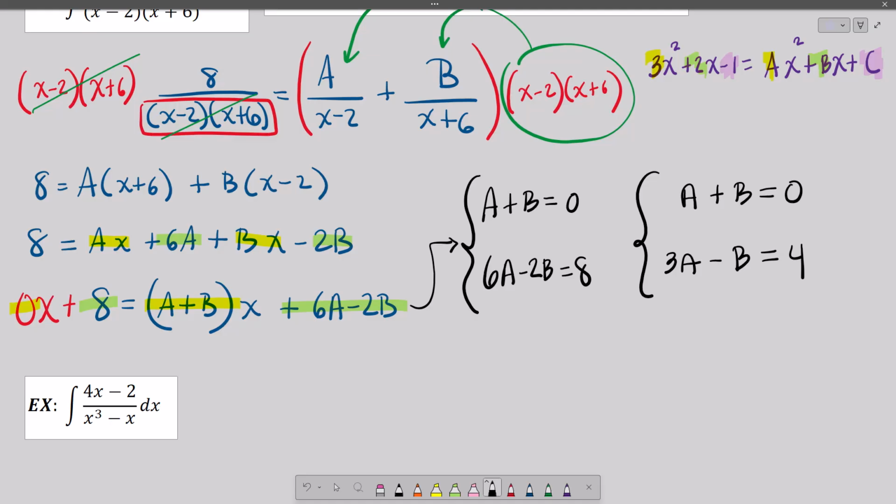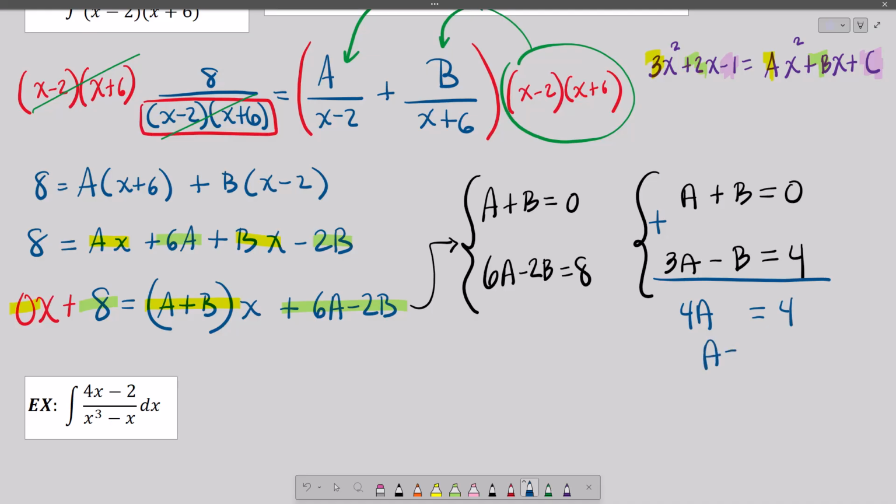So back to algebra. Now we have a system. What can we do to those two equations to eliminate one of the letters? If we add them, we get 4a. How many b? None.